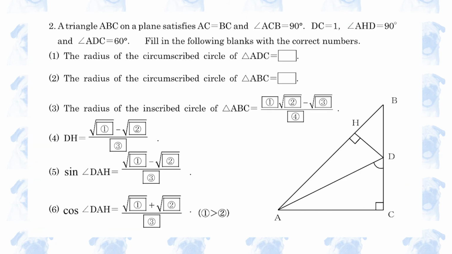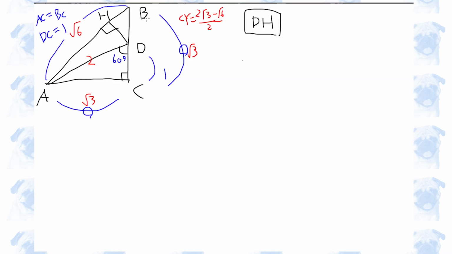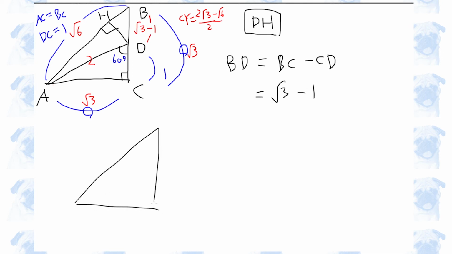Next, in question 4, we need to find the length of DH. So first of all, let's calculate BD. BD is BC minus CD, which is root 3 minus 1. And next, we know that the triangle ABC is an isosceles triangle, meaning that these two angles are both 45 degrees. Now, because the angle BHD is 90 degrees, we also know that this angle here is 45 degrees as well.